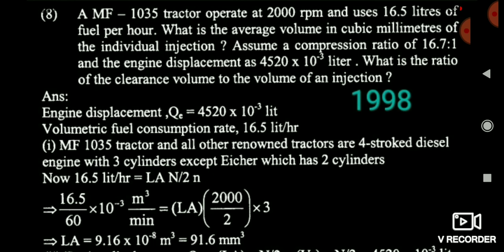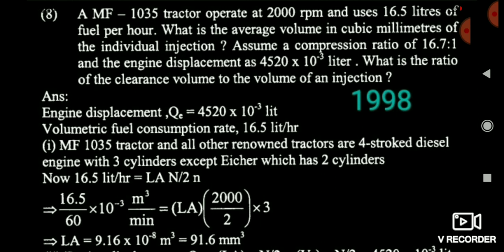Here it is given that the total fuel consumed is 16.5 liters per hour. So I will calculate the amount of fuel consumed in one stroke length of the piston.